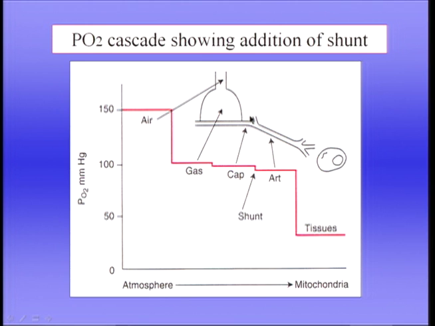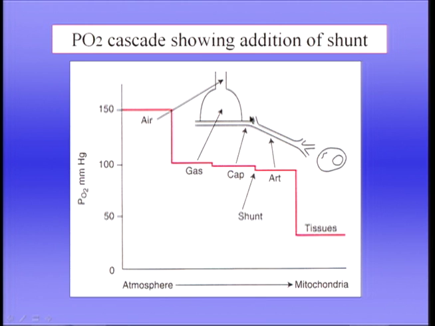The myocardium extracts a large amount of oxygen from the coronary arterial blood. But there are a few veins called the Thebesian veins that drain directly from the myocardium into the left ventricle. Very small amount of flow, but nevertheless, that blood, of course, is depleted to a large extent of oxygen and therefore contributes to a fall in the PO2 of the arterial blood.